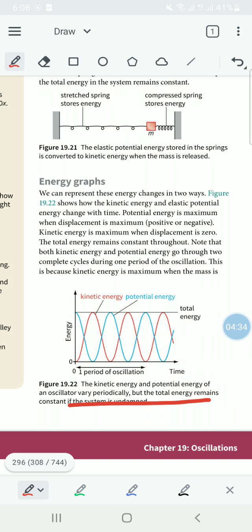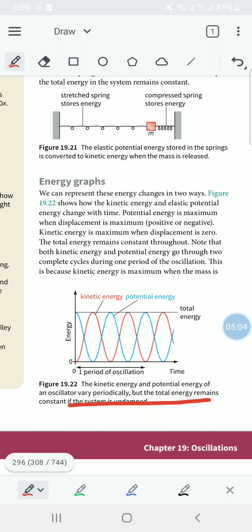Potential energy is maximum when displacement is maximum, whether it is positive or negative. Kinetic energy is maximum when displacement is zero, that is, at the equilibrium position.